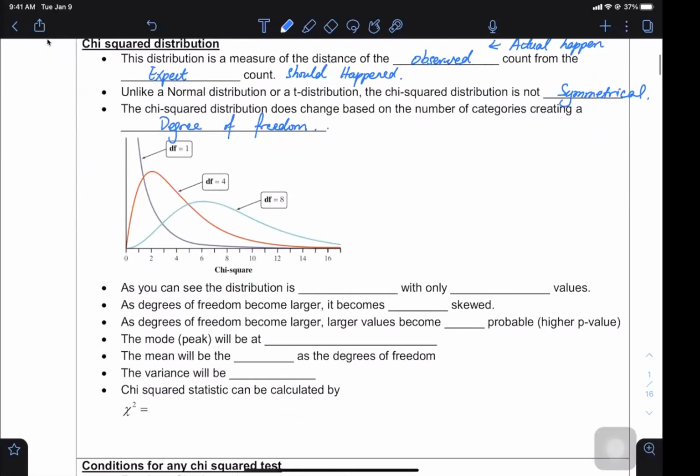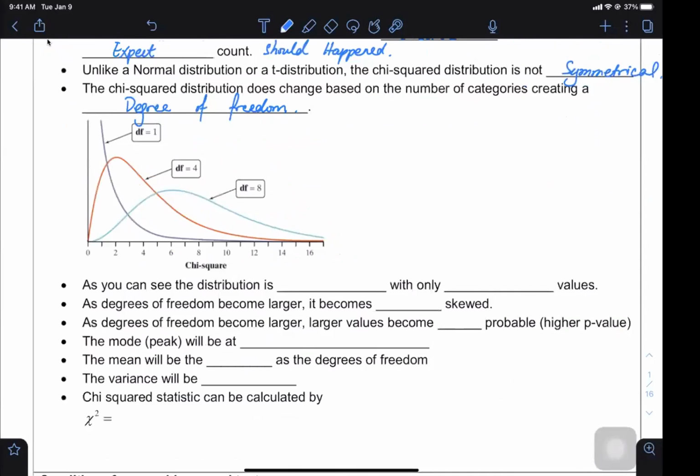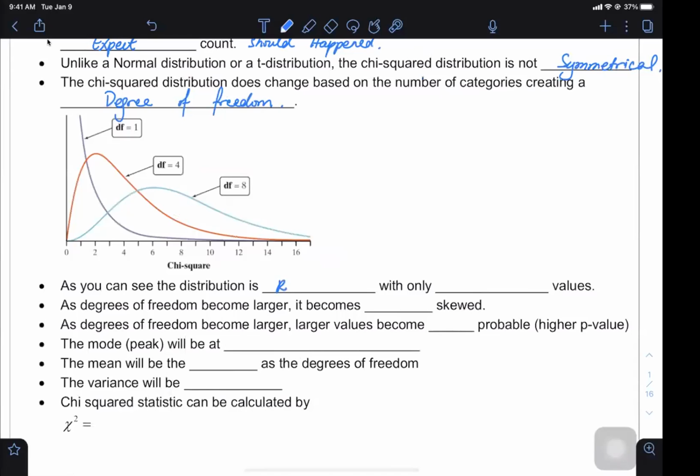The following are the characteristics of the chi-square. You can see this is the distribution for chi-square with a degree of freedom of 4, this is the degree of freedom of 8, and this is the degree of freedom of 1. As you can see, the distribution is right skewed with only positive values.